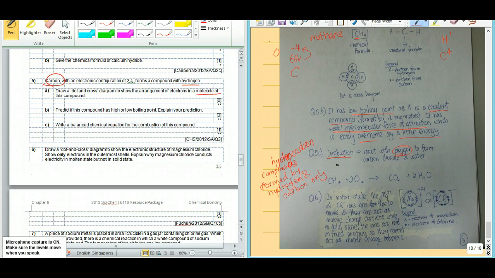So whenever such compounds undergo combustion, they will produce carbon dioxide and water. So in this case here, you can see CH4 reacts with O2 to give carbon dioxide and H2O. Then the balancing here, and you get your answer. So that's for question 5.